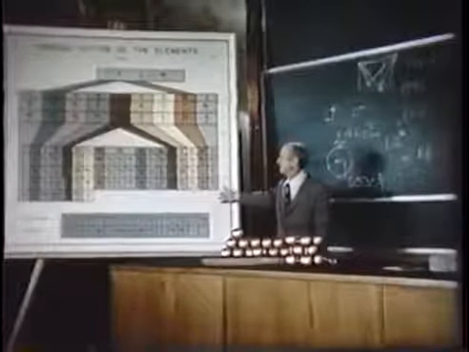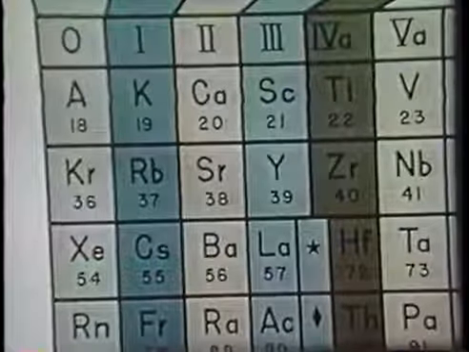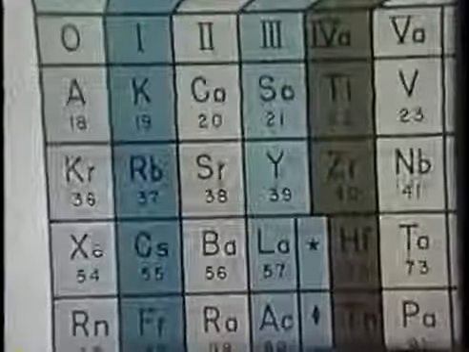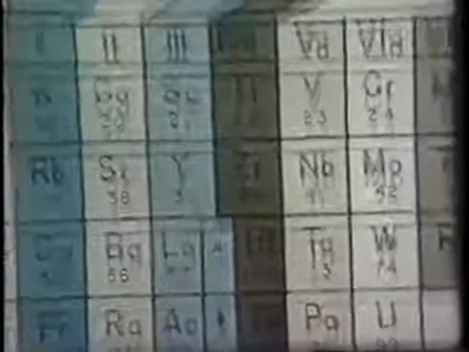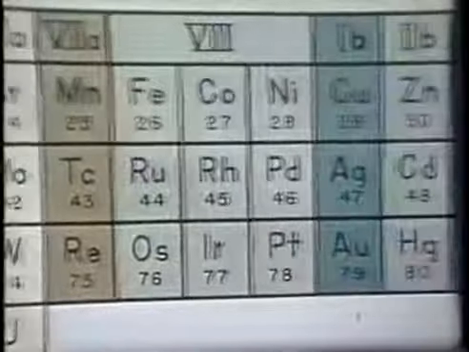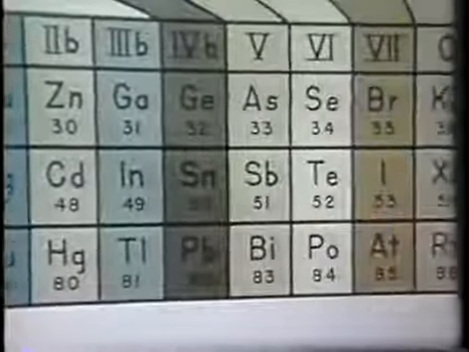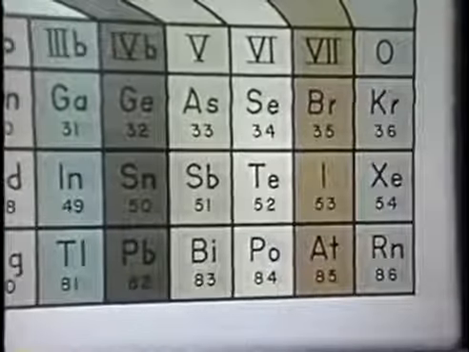The elements from scandium on to zinc, we may call the transition elements of the iron group. They correspond to putting 10 electrons into the 5 3d orbitals.